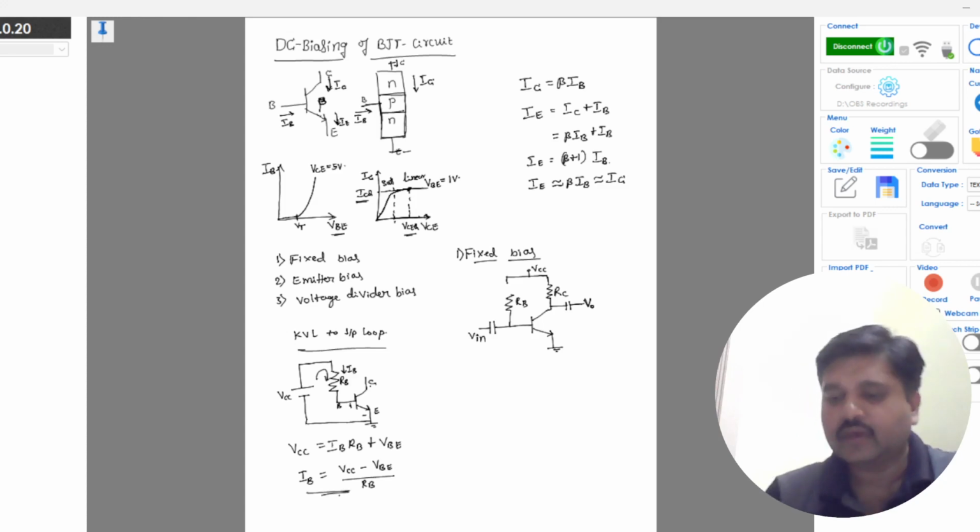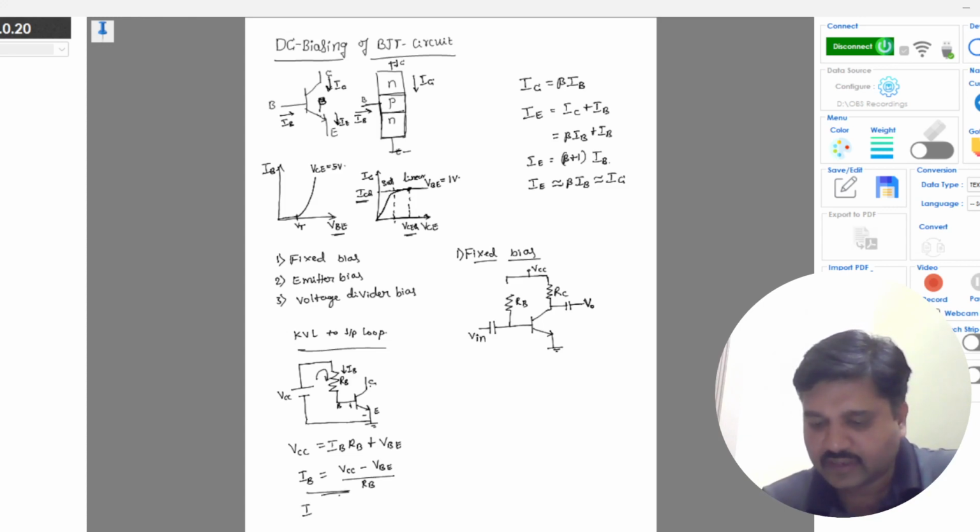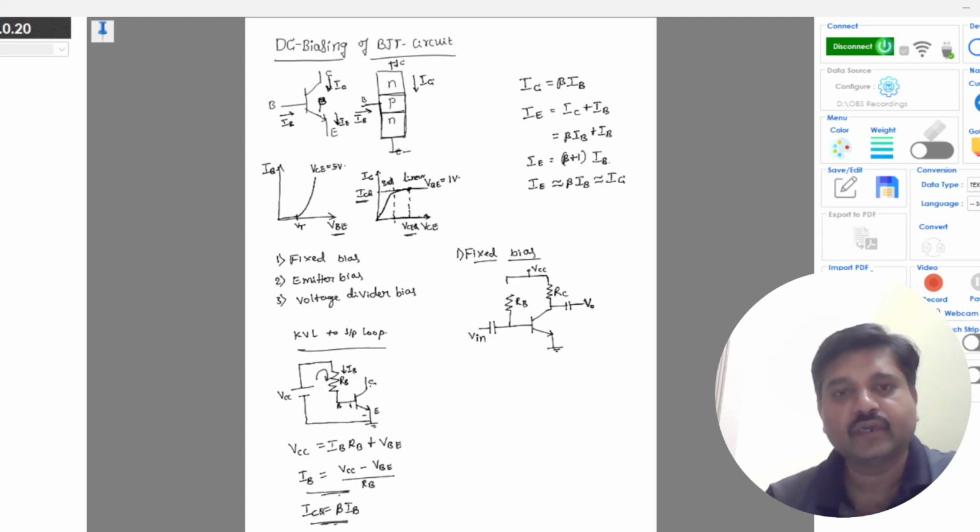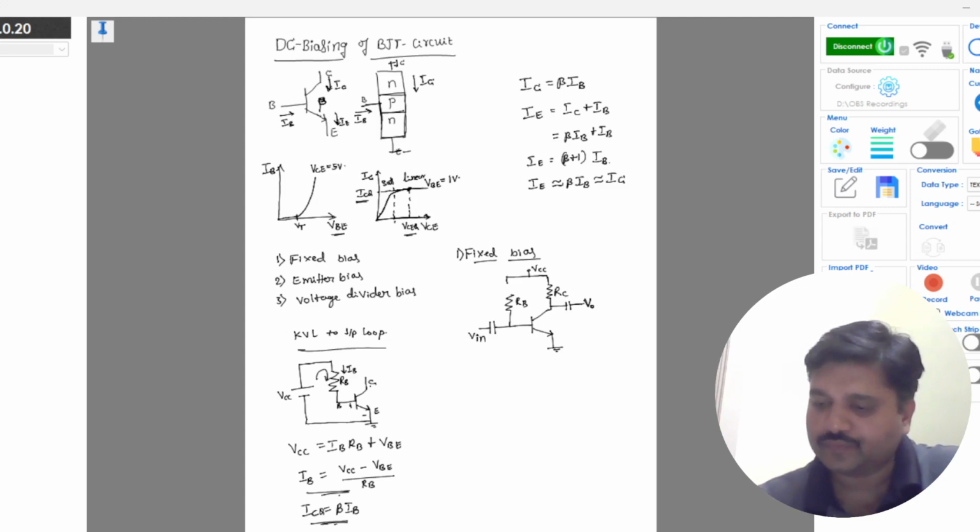This is your IB. Using this you can find IC, which is nothing but beta times IB, which is your ICQ. So this is how you find the output current ICQ.